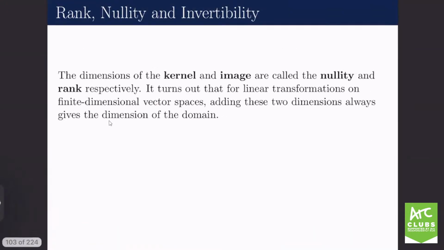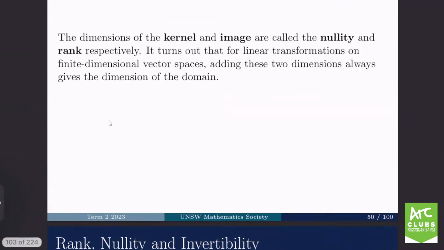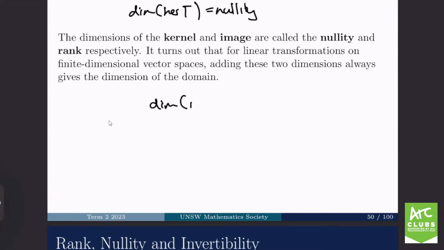Because they are vector spaces, we can determine bases for them and their dimensions. So some special definitions we have here are the dimensions of the kernel and the image. The dimension of the kernel of T is the nullity, and the dimension of the image of T is the rank.